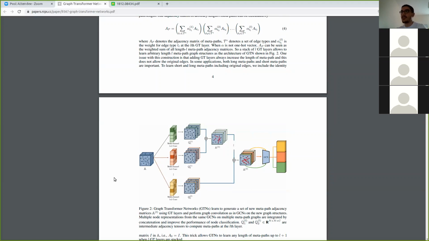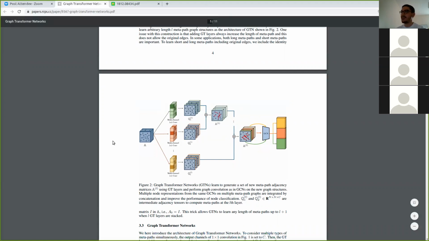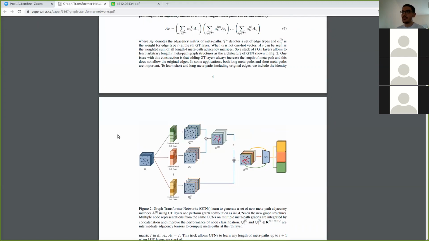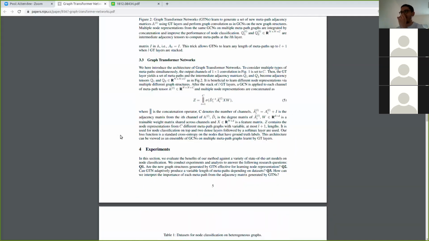So you can think of it as some kind of feedback loop where you're not only operating on emergent edge connections between nodes that may not have been connected, but you actually include the original connections as well by adding the identity matrix to the collection here. Does anyone want to add to that point? No? Okay, let's move on.